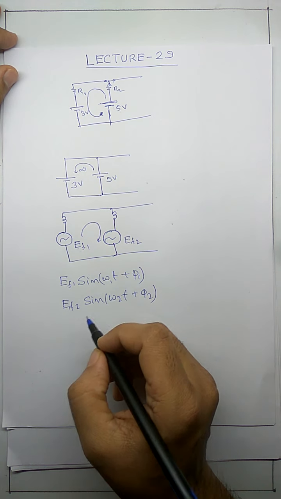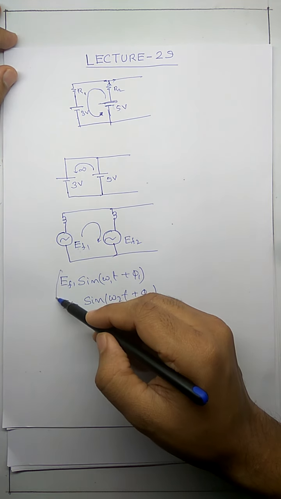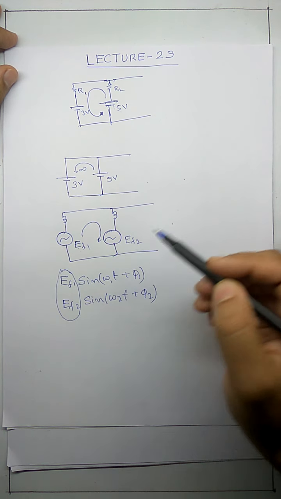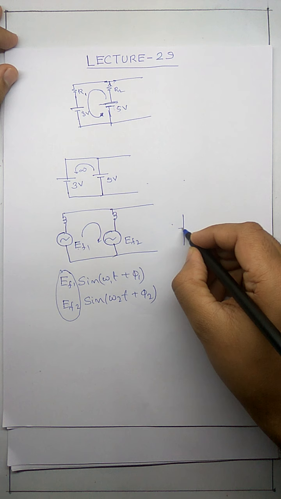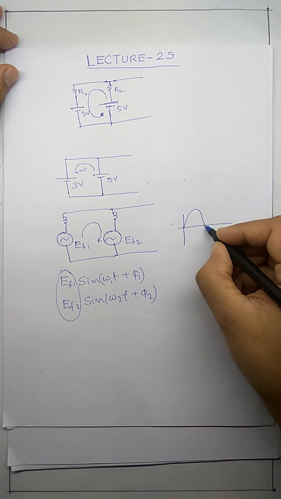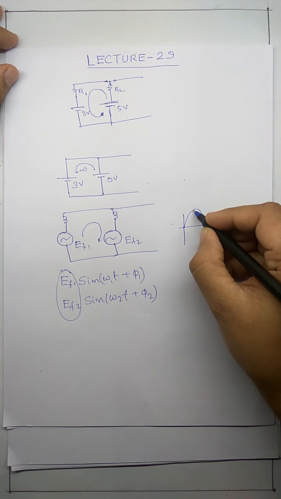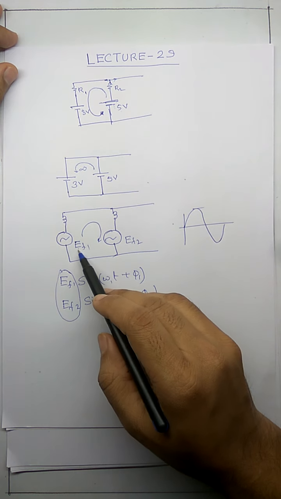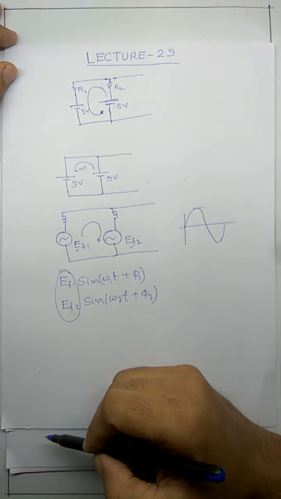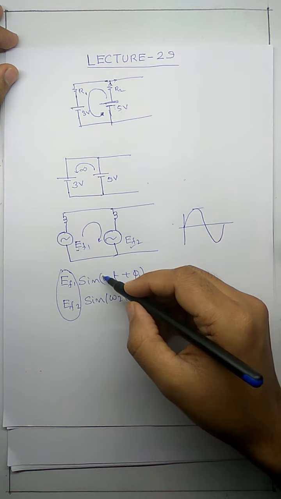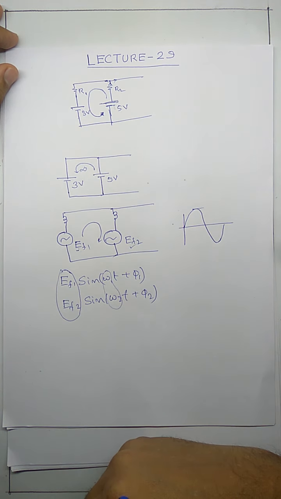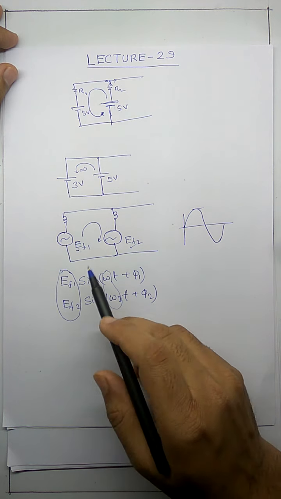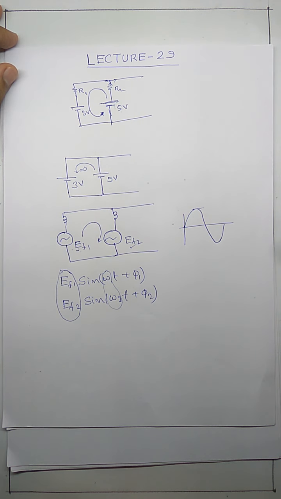If these two have to be equal, what does it mean? It means that the magnitude of the sine wave should be the same for this source as well as for this source. Then, what is this omega? This is the frequency of the AC. The frequency of these two should be the same.